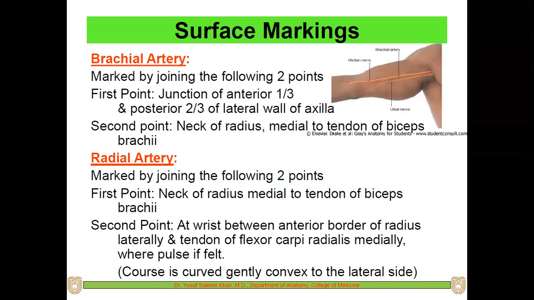Wherever you feel the pulse, that is the second point at the wrist joint. So these are the 2 points: the first at the neck of the radius, and the second near the lateral side of the wrist joint, where you can feel the pulse.